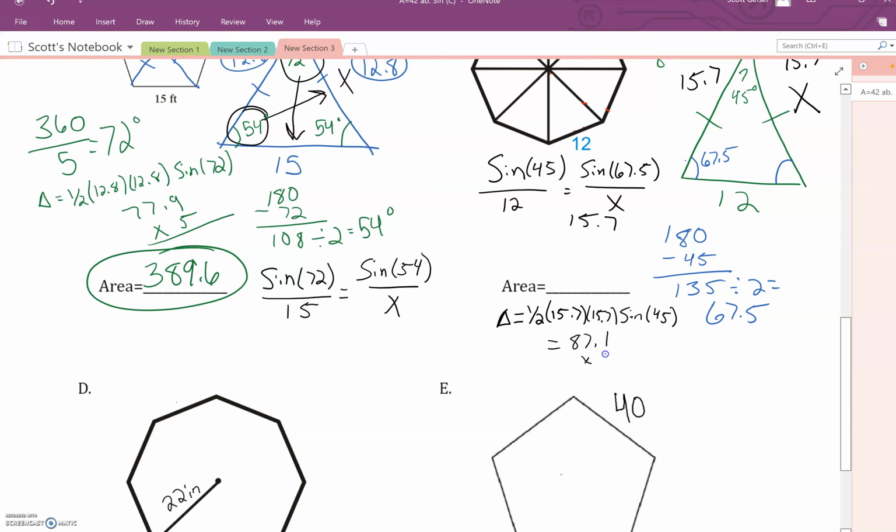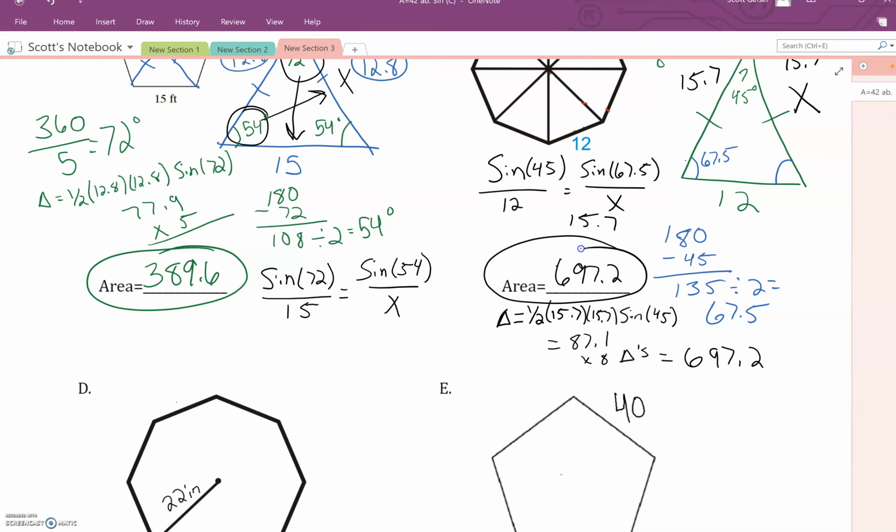And then I need to multiply that by the 8 triangles that I have to get a grand total of 697.2.